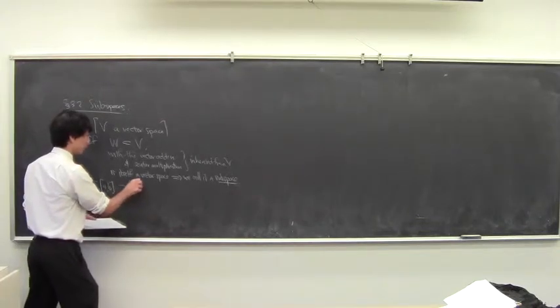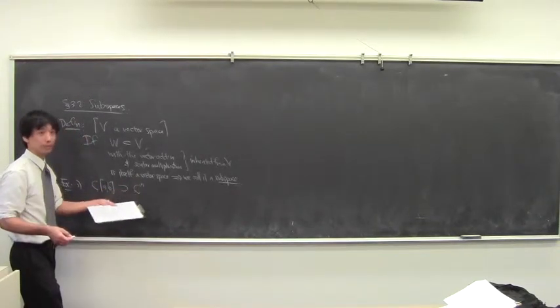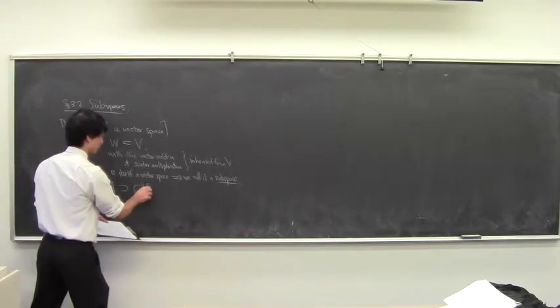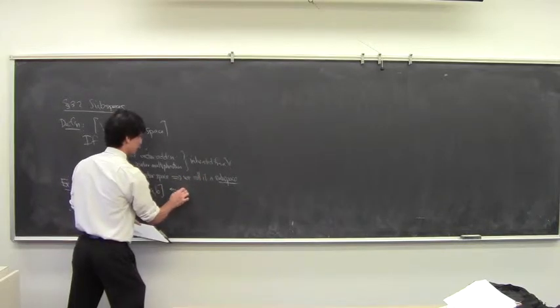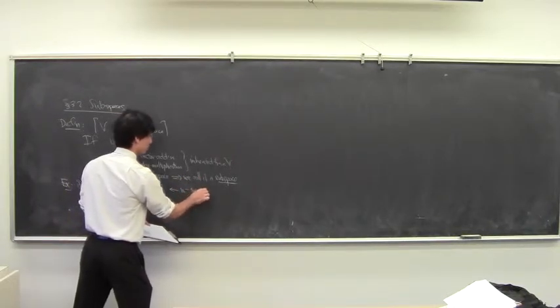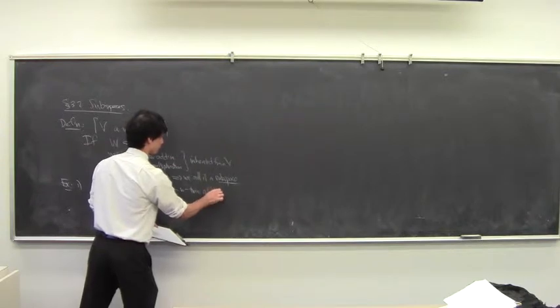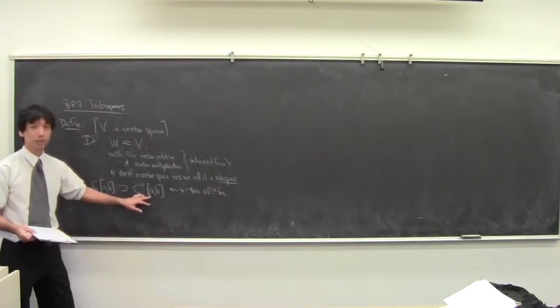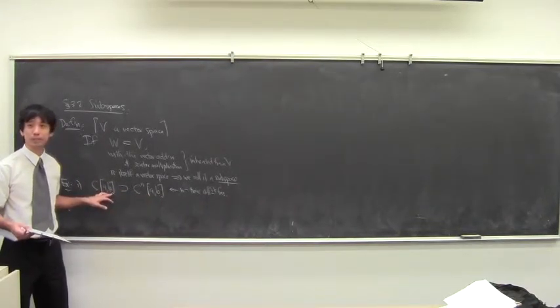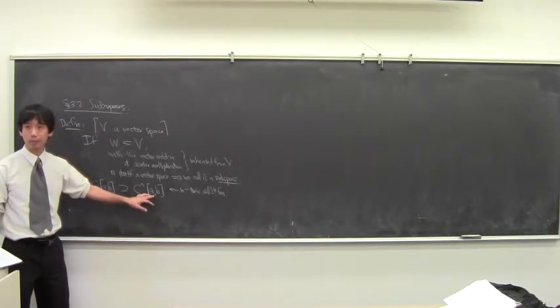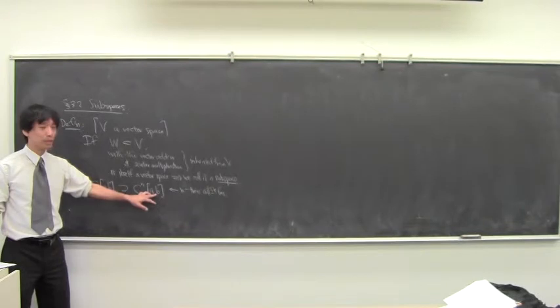If we look at the n times differentiable functions on AB, well, that's a subspace of the big space, with the function addition and the scalar multiplication.